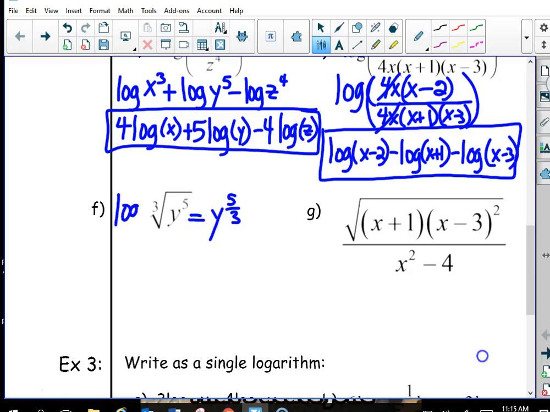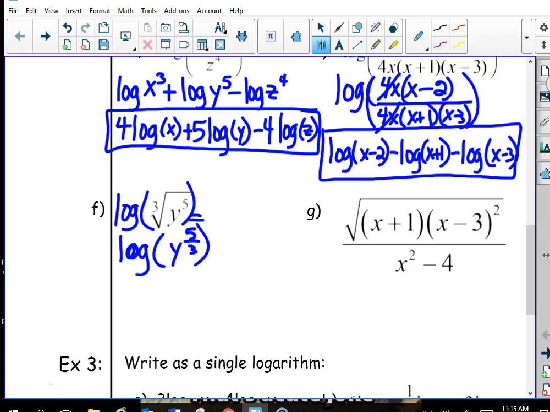So let's throw that in. So y, power over root, and now we're going to turn that into a multiplier. 5/3 log of y.